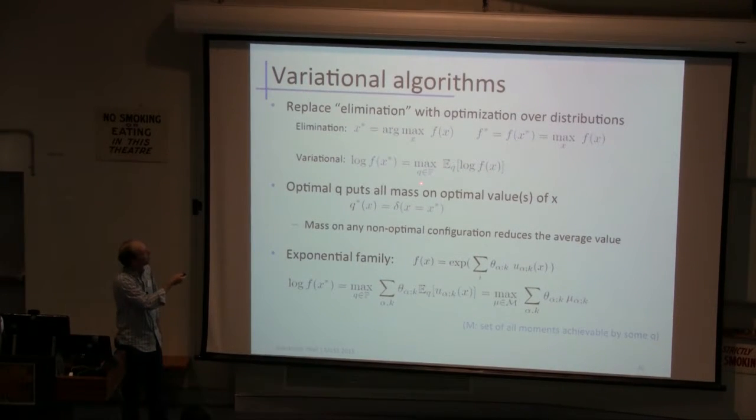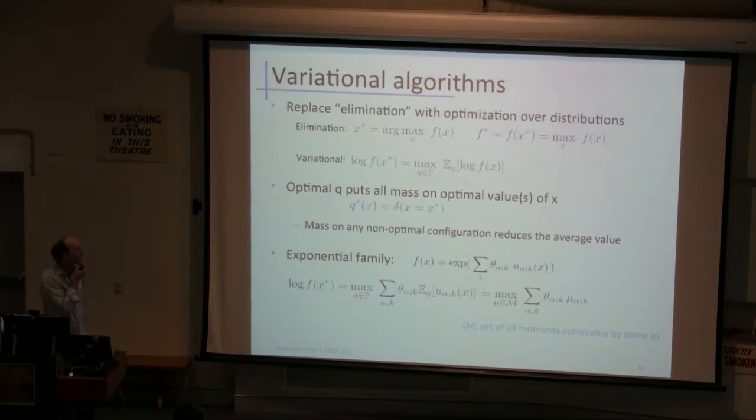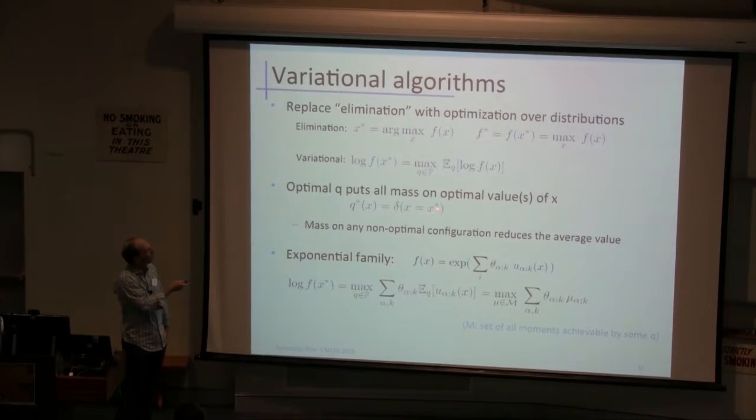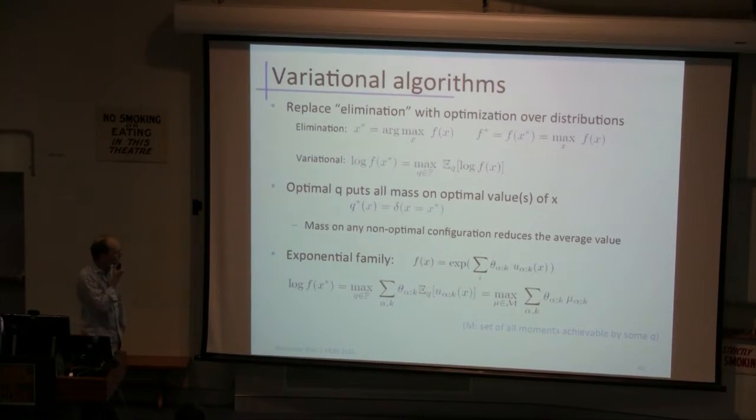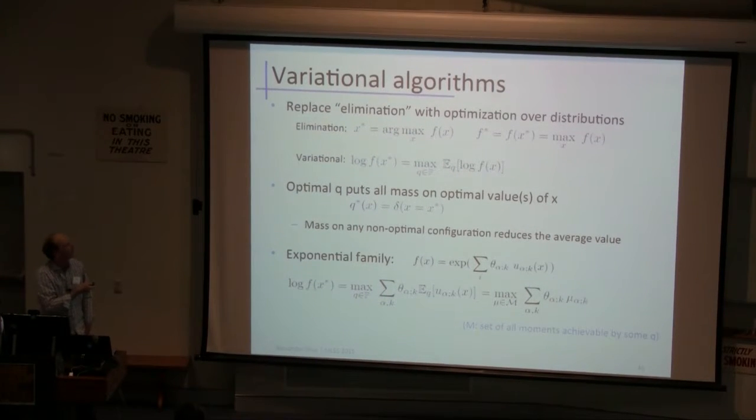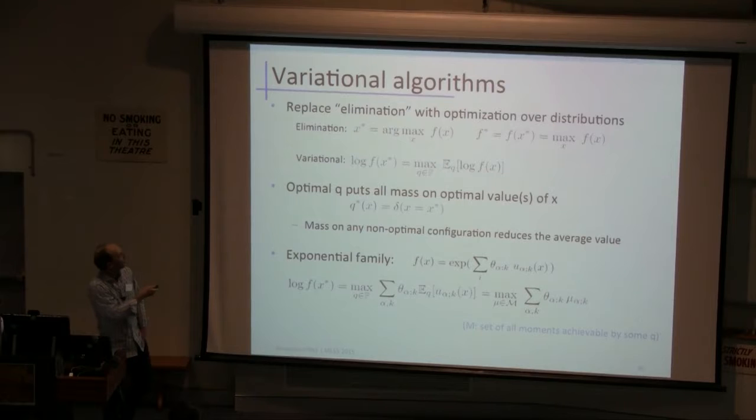And if I put any of my mass on any other configuration with a smaller value of f, then this expectation will average those two and decrease the overall total. So the distribution that's going to maximize this expected log f is just a delta function on the true configuration x star. So this doesn't seem like it helps particularly, but it's going to give us a new way of framing approximations.